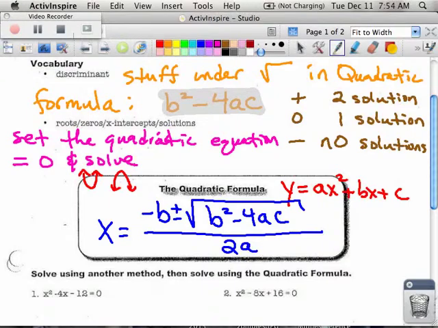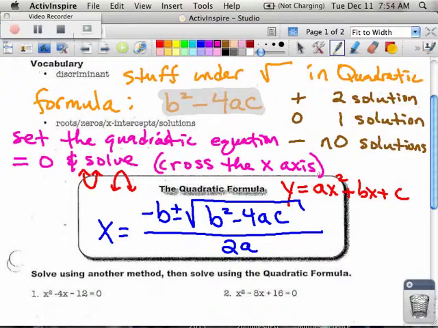And you will get either 2 answers, 1 answer, or no answers. Or in other words, this is where you cross the x-axis with the parabola.